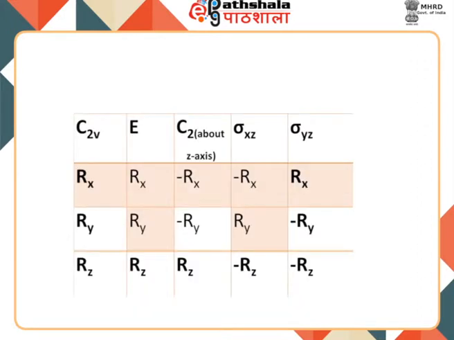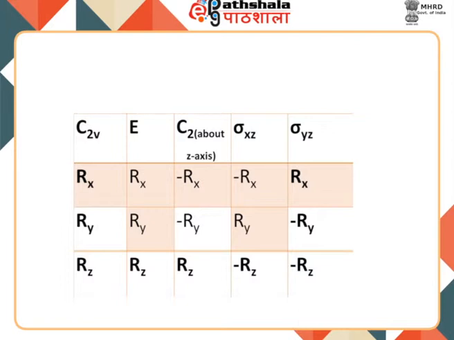So the effects of these various symmetry operations of the C2v point group on Rx, Ry, Rz are summarized in the table shown here. The first column gives Rx, Ry, Rz, and the E operation leaves them unchanged, that is Rx, Ry, Rz.